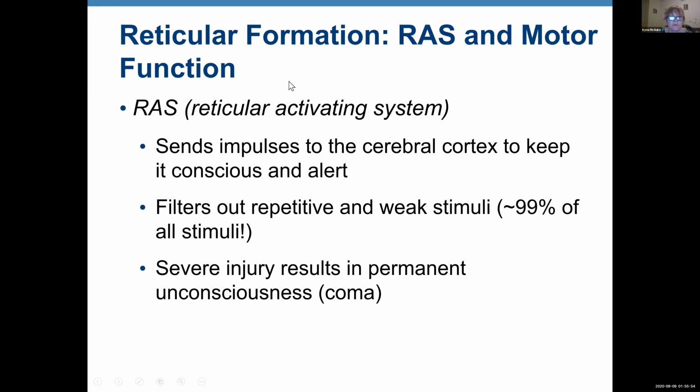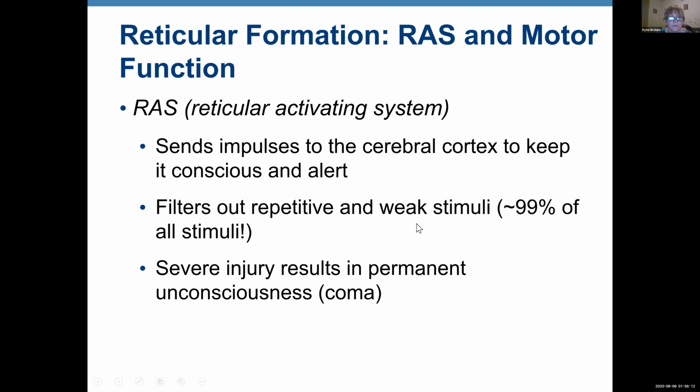Now, in the reticular formation, we have the RAS center, reticular activating system. This system sends impulses to the cerebral cortex to keep it conscious and alert. It also filters out repetitive and weak stimuli.